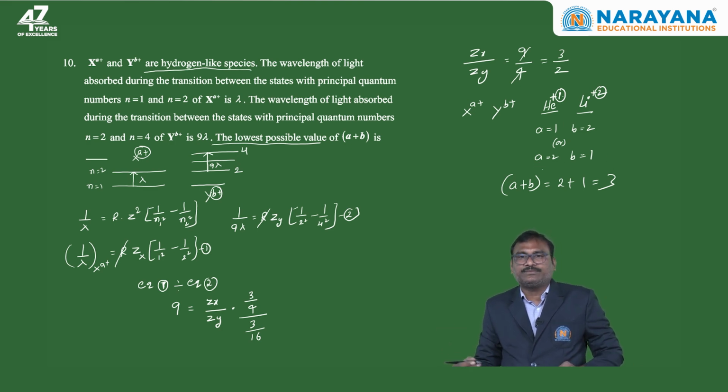So the lowest possible value for the given ions is nothing but 3.